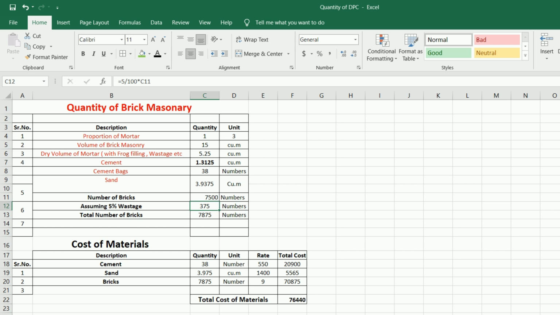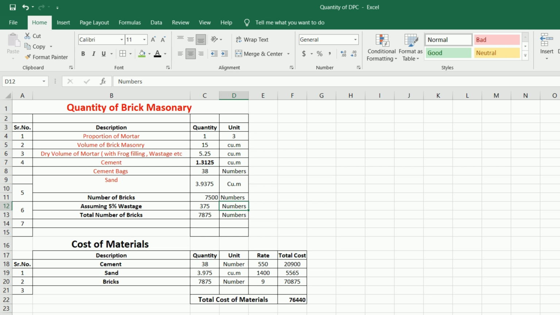Now assuming 5% wastage of bricks, we require 375. You can see the formula: 5 divided by 100 into 7,500, which is C11. When you enter this, you will get 375 extra bricks for 5% wastage.